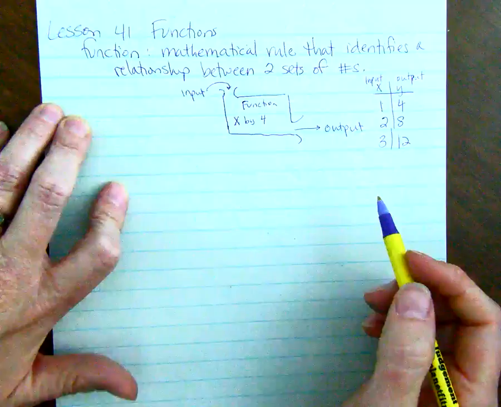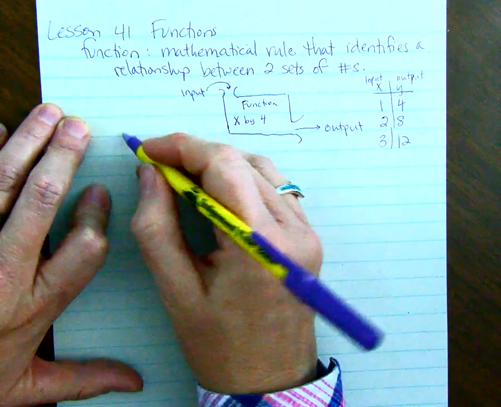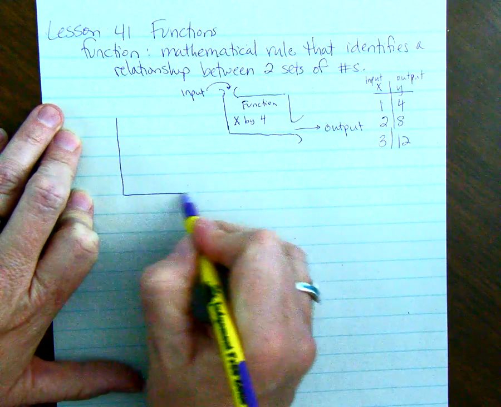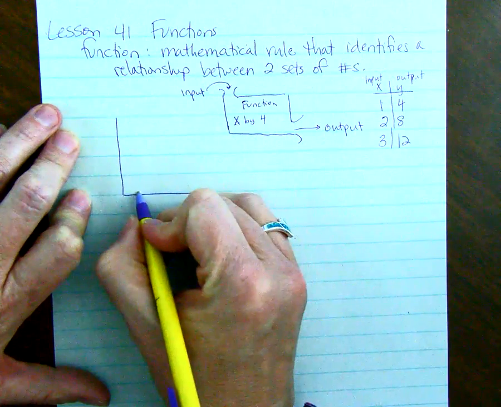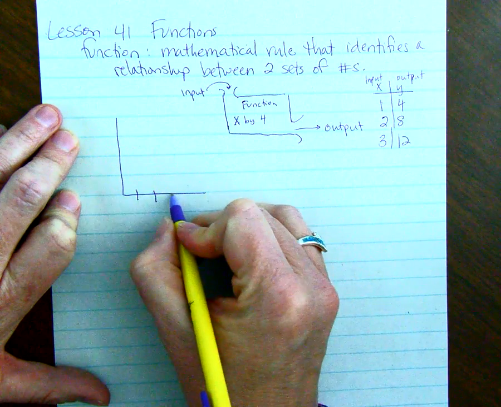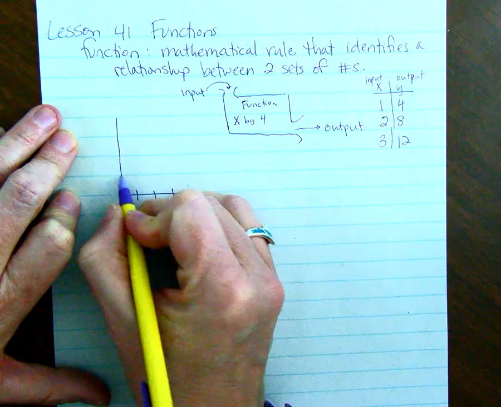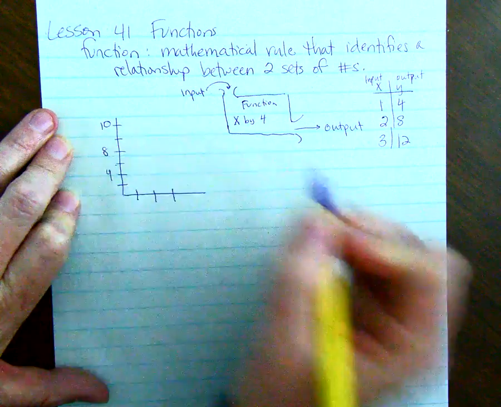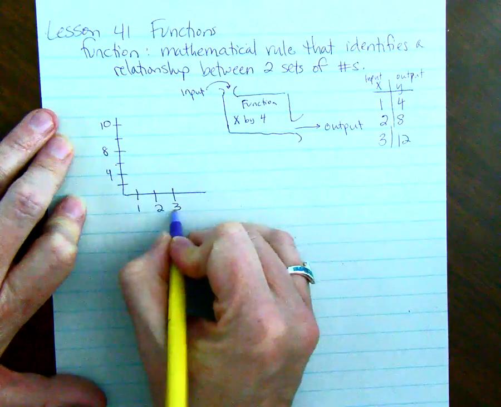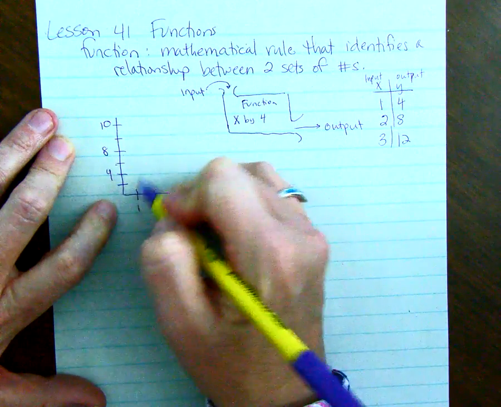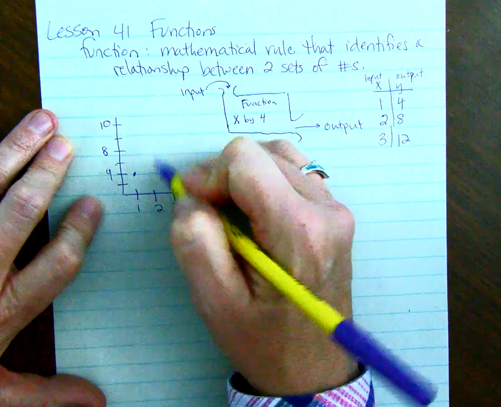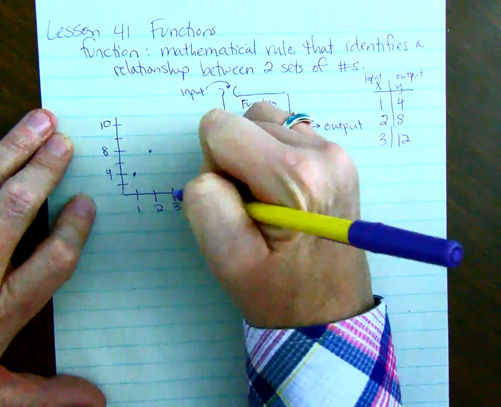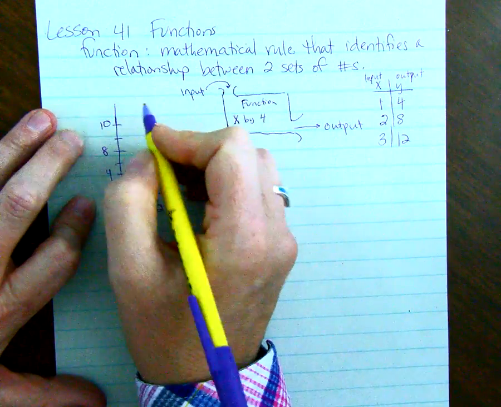Then if we wanted to graph this on a coordinate plane, we would count by 2's on the Y and by 1's on the X. At 1, Y was 4, at 2, Y was 8, and at 3, Y was 12.